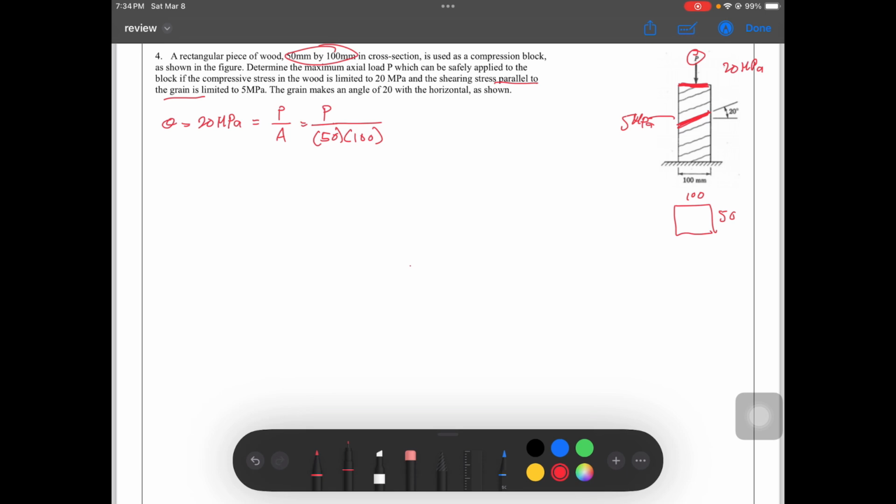So, ang makukuha nating P, isolate natin si P. P is equal to 10,000.